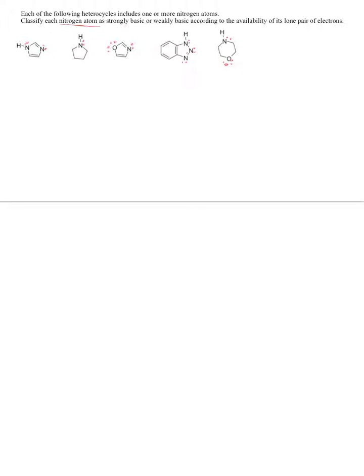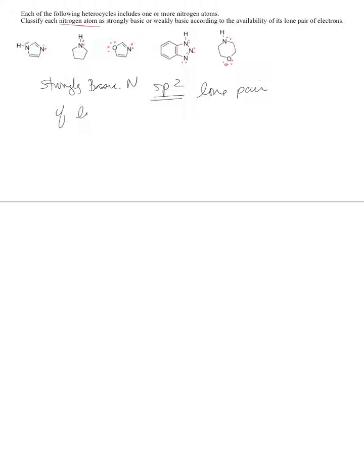So basically, to be strongly basic, what are you looking for? To be a strongly basic nitrogen, it has to have an sp2 lone pair. Okay?